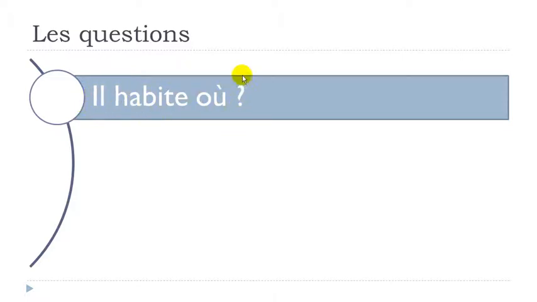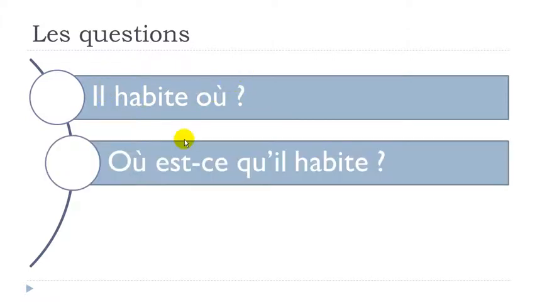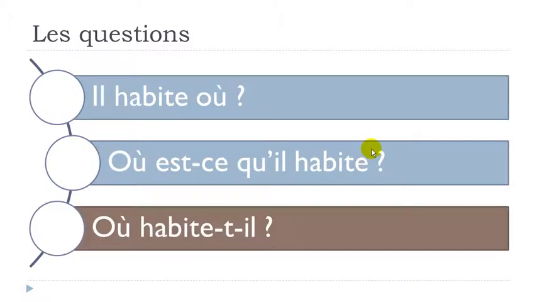Il habite où? Second option, you will have to add, as we had previously, this est-ce, okay? Où est-ce qu'il habite? Okay, first one: Il habite où? Où est-ce qu'il habite? And the last one, the official one.